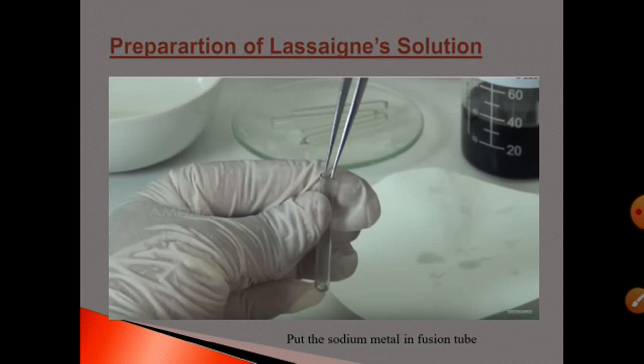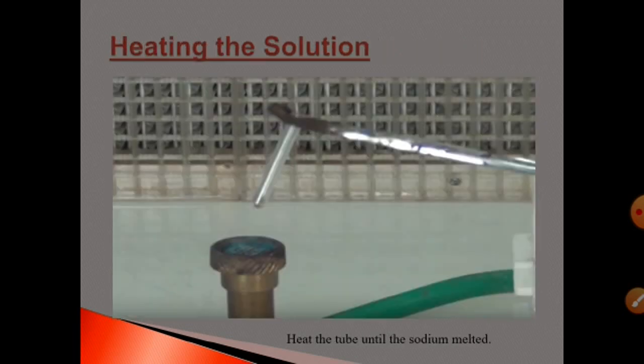Before placing it into the fusion tube, the sodium metal is placed in the fold of filter paper to dry it. Then put this piece of sodium metal in the fusion tube. Heat the fusion tube in a flame to melt the sodium metal.